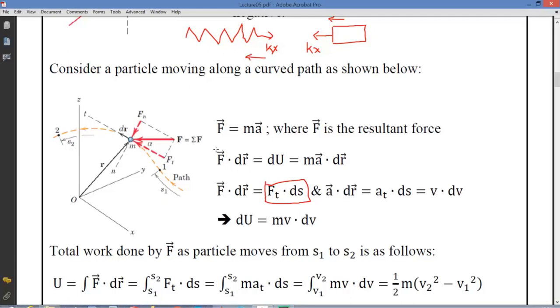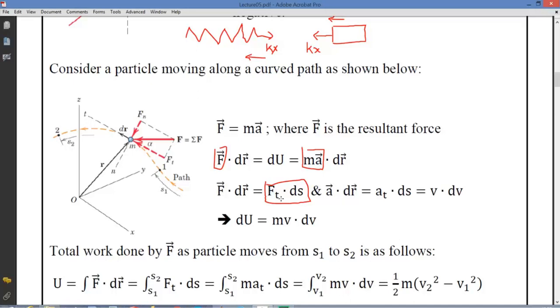Now, F, on the other hand, is equal to ma, right? This is what we know. So, this F vector dot product dr is exactly the same as ma dot product dr. So, making use of that information, a dot product dr should also be equal to the components of the acceleration vector, which are tangential and normal.